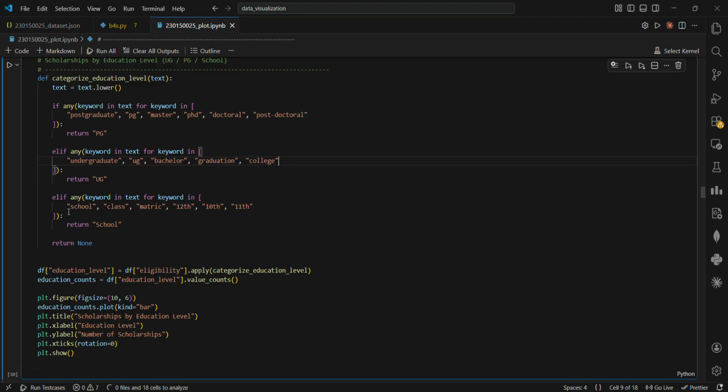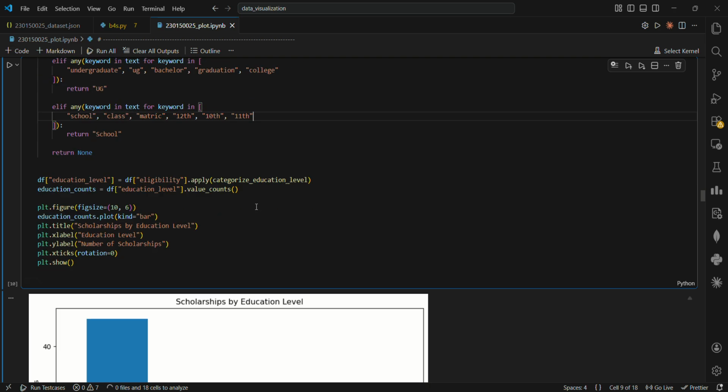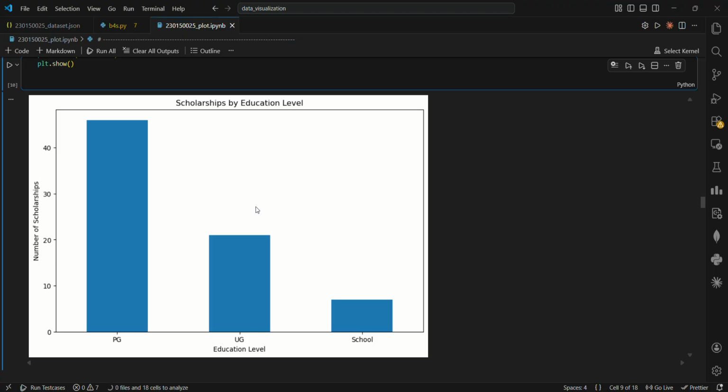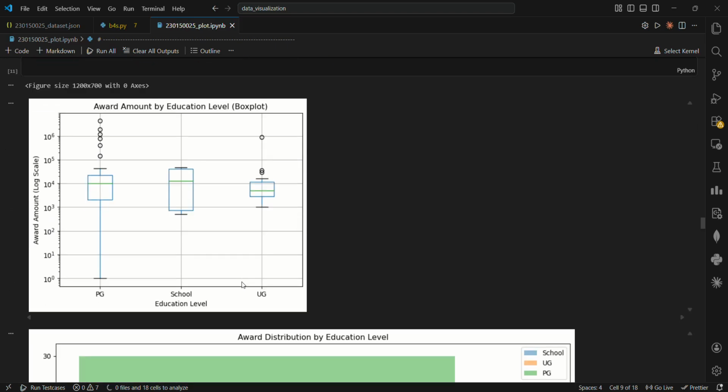For school people, we chose the keywords school, class, matric, 12th, 10th, and 11th. So as we can clearly see, PG people had the most number of scholarships, followed by UG people, and the least for school people.